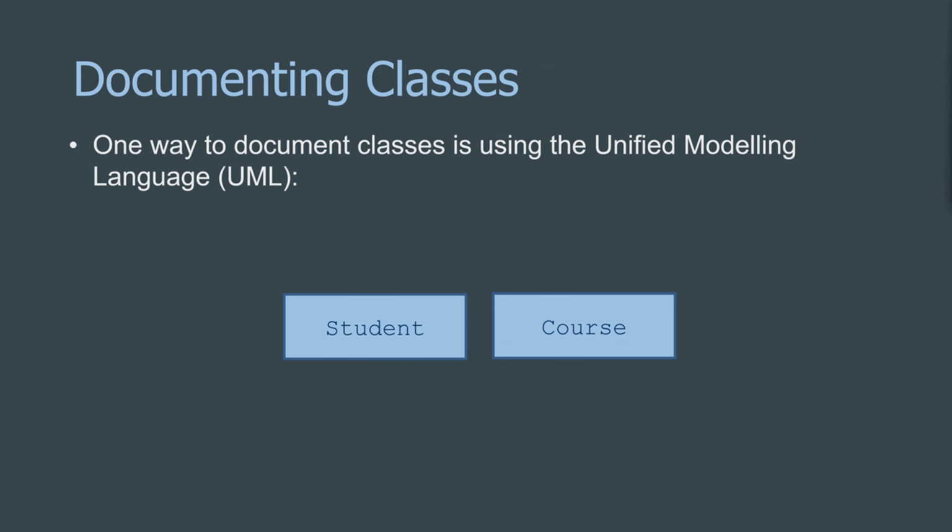It's not super detailed, just enough to get you the information you need in order to use those classes. So it's the right fit for documentation for somebody who's a programmer on the team to not constantly bother all the other members of the team and ask them, how do I use this function? You can just look at the documentation. And one of the ways that we document that is using UML, the Unified Modeling Language.